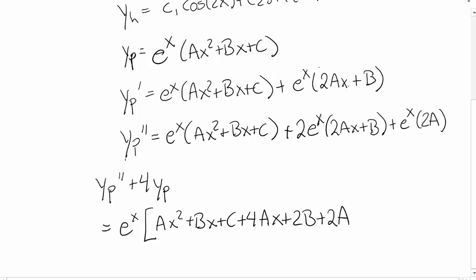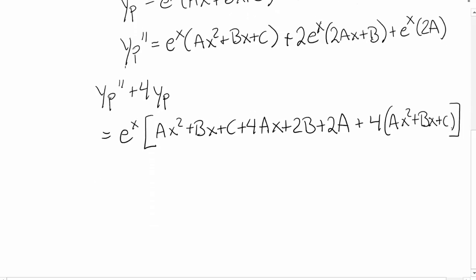That's all from the second derivative, plus 4 times the original, and once I factor out that e to the x, all you have is ax squared plus bx plus c. Okay, so that's what I get when I plug it in.